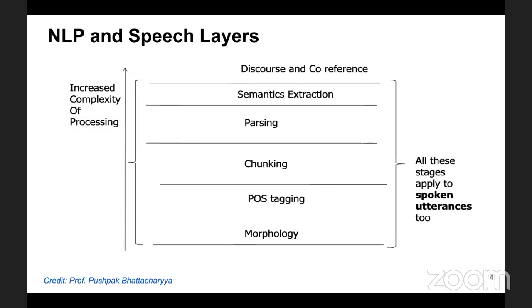Now that we are done with chunking and parsing, semantics extraction is something that I am sure all of you would be aware of, because you already have had your lectures on word embeddings, you know about word vectors. So semantics extraction is something that follows the task of word sense disambiguation. Classically, this task has always been known as word sense disambiguation.